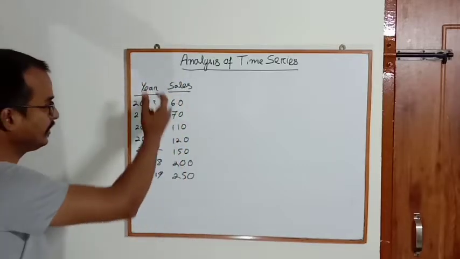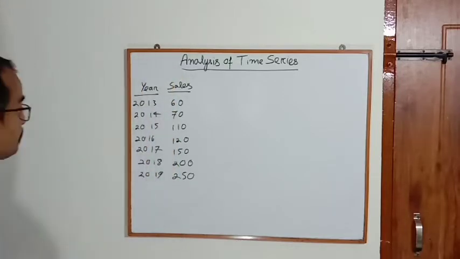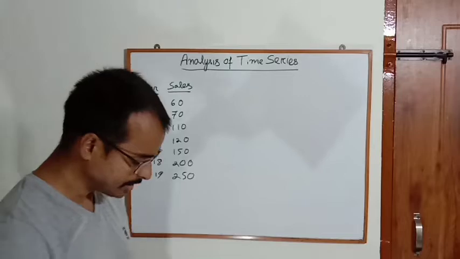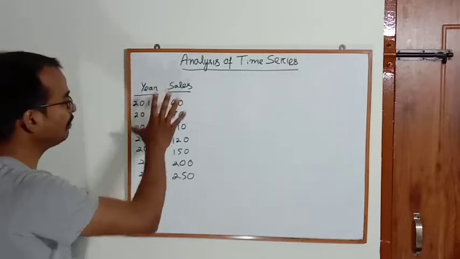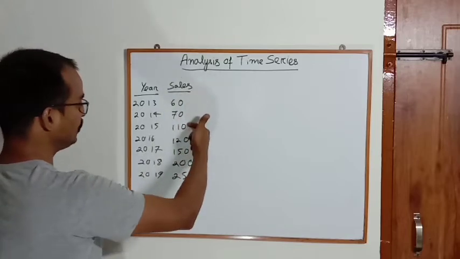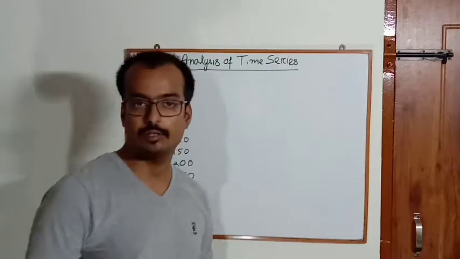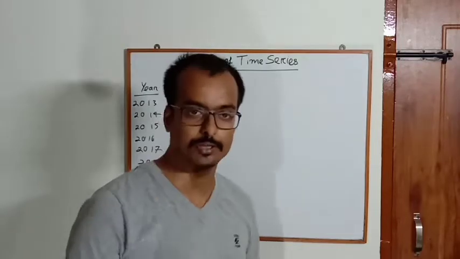You can see that the information is arranged chronologically. So if this type of information is given, it may be an odd number or even number. Here it is an odd number, total 1, 2, 3, 4, 5, 6, 7. So it may be even also, there may be 6 informations or 8 informations.